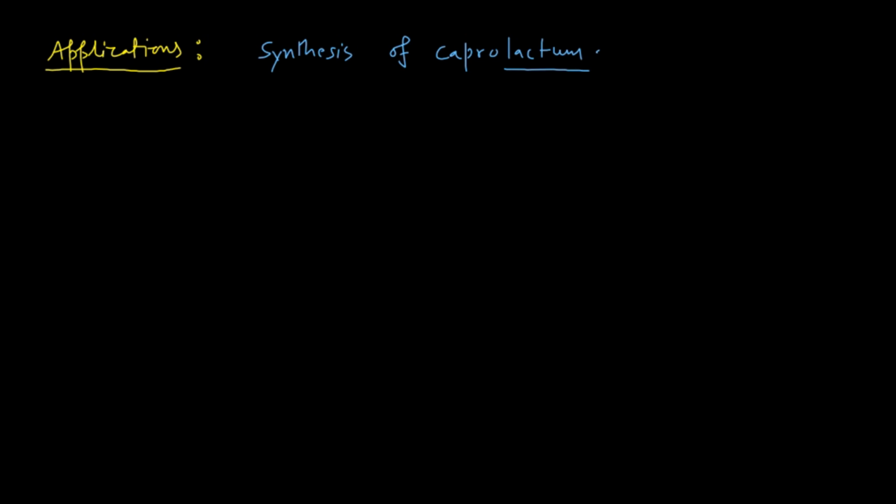So how can we synthesize it? And here you can learn one very important aspect as well, that is the concept of ring expansion. This is the most interesting part in this reaction, right? So how can we start this reaction? Say for example, I have this starting material, this 6-membered ring. Please focus here. It is very important.